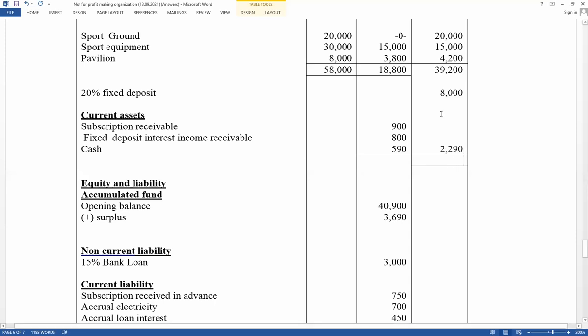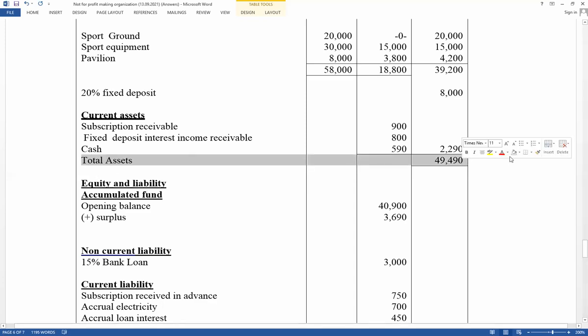Then take the total assets also. Therefore, total assets equal 49,490.